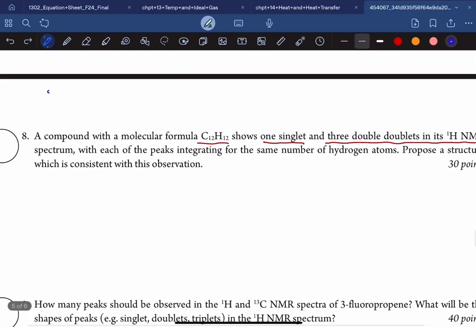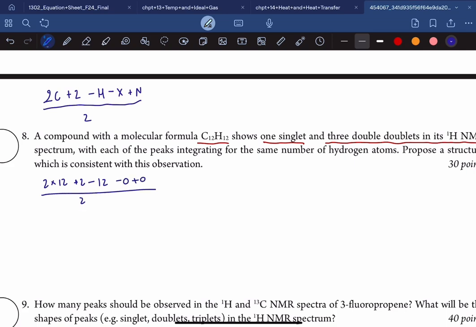It's 2C plus 2 minus H minus X plus N, where X is any halogen, all that divided by 2. So if we do that here, we have 2 times 12, plus 2 minus 12 minus 0 plus 0, all that over 2. And that's going to equal 7.